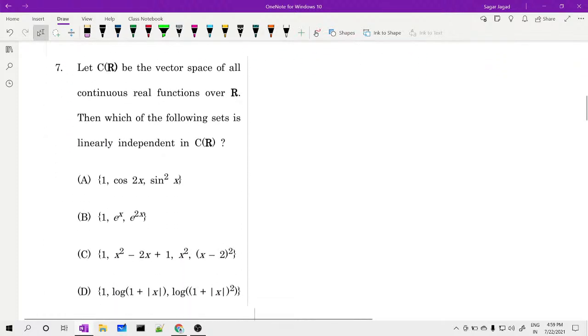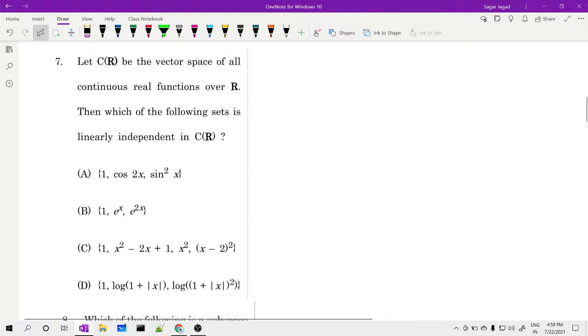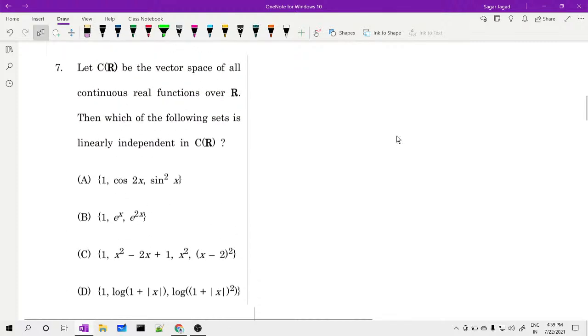Let's go to question number 7. Let R be the vector space of all continuous real functions over R. Then which of the following sets is independent over R? If you observe the questions carefully, they have given a good set of questions. What they are asking for is linear independence. From the book of calculus volume 2, there is a beautiful result which I still remember.